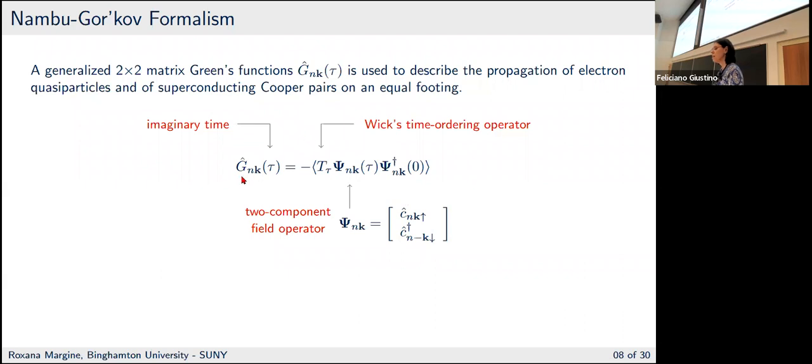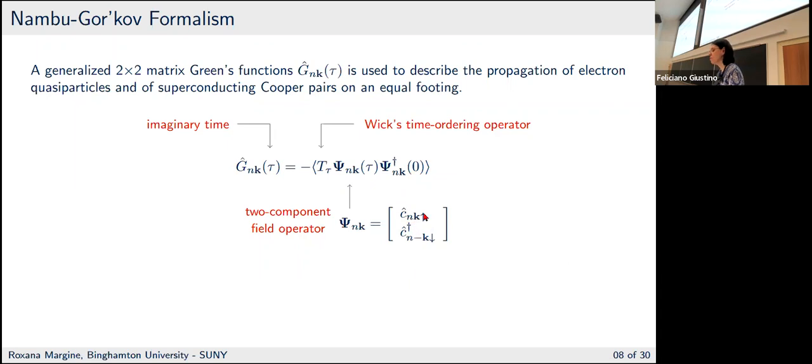This reminds you of what Feliciano was showing yesterday. The only difference is that right now, this psi is a 2-component field operator that has c and c dagger.